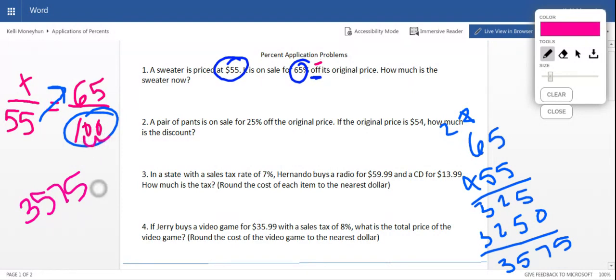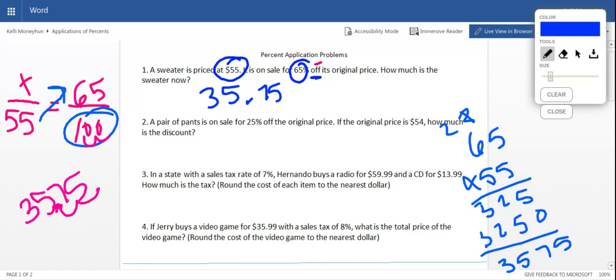So I'm going to take my decimal that I know is at the end because it's a whole number of 3,575, and I'm going to move it 2 spots just the same way I did with the 100. Okay, so 1, 2. So now I know that 65% of 55 is $35.75.